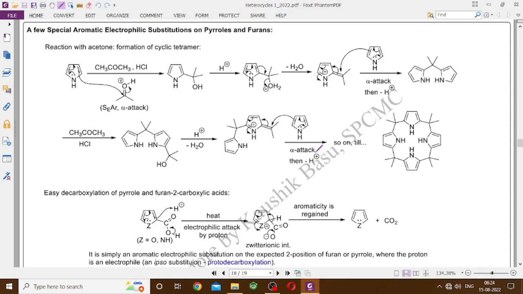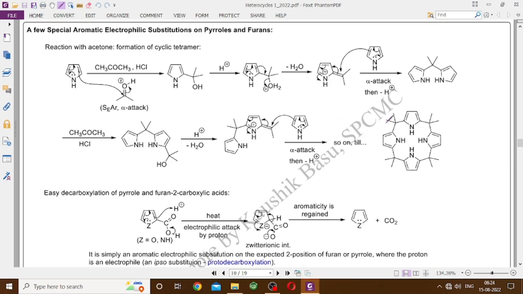Now a question may be asked that this could result in a polymer where a number of pyrrole nuclei and a number of acetone molecules would have been incorporated in a linear fashion, so that we would have got a polymer, but that does not happen. Why is that? In this regard, I would ask you to recall the Thorpe-Ingold effect, that means the gem dialkyl effect.